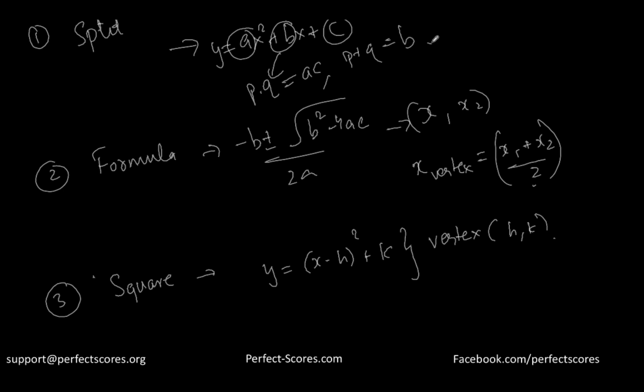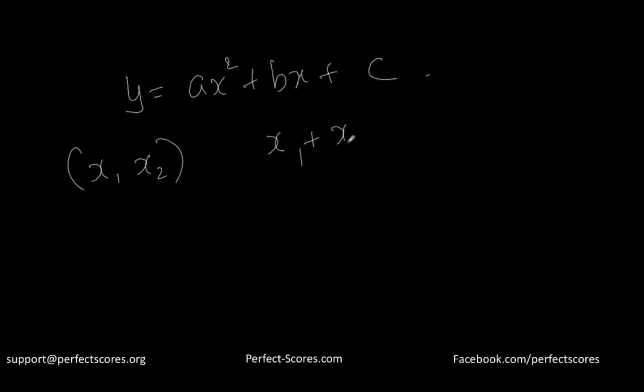There's one small thing which I just remembered that I want to share with you. If you have a quadratic equation y is equal to ax square plus bx plus c, and let's suppose you have two roots x1 and x2, the sum of the roots is equal to minus b over a, and the product of the roots is equal to c over a.